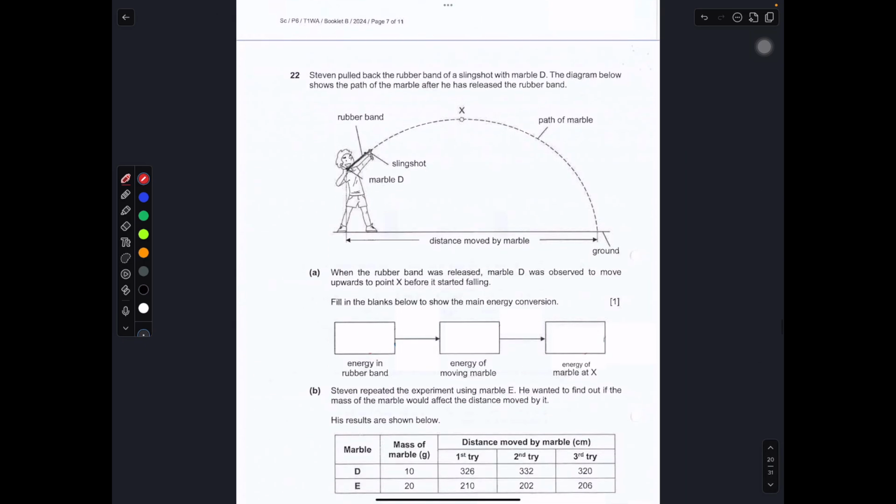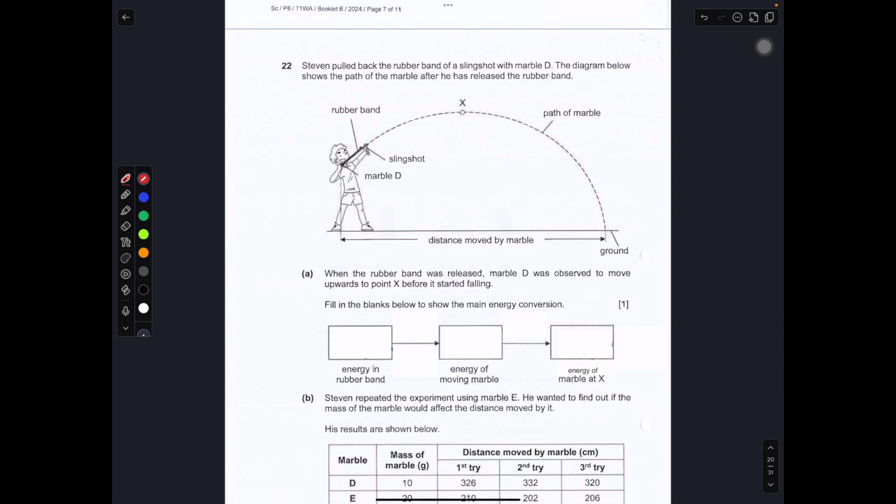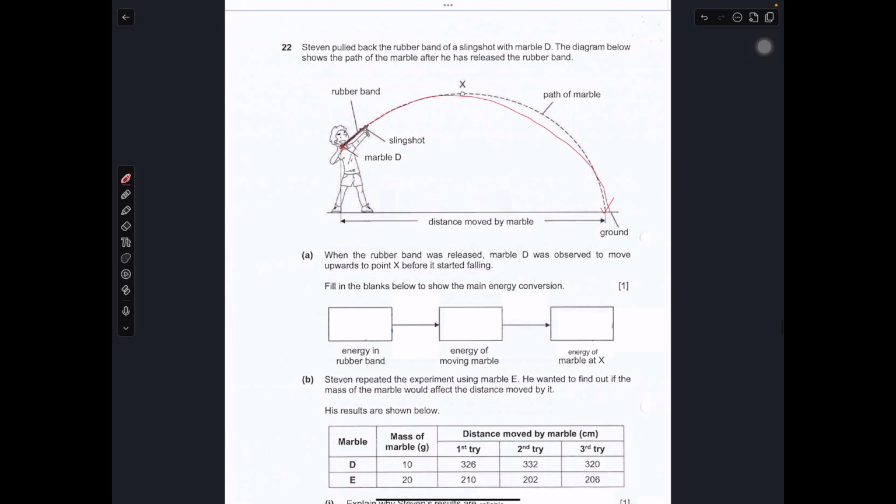22. Stephen pulled back a rubber band with a slingshot with marble D. The diagram below shows the path of the marble after he released it. So the marble was here, then the path goes to this path. When the marble was released, marble D was observed to move upwards. So it tells you that the height above ground increases.